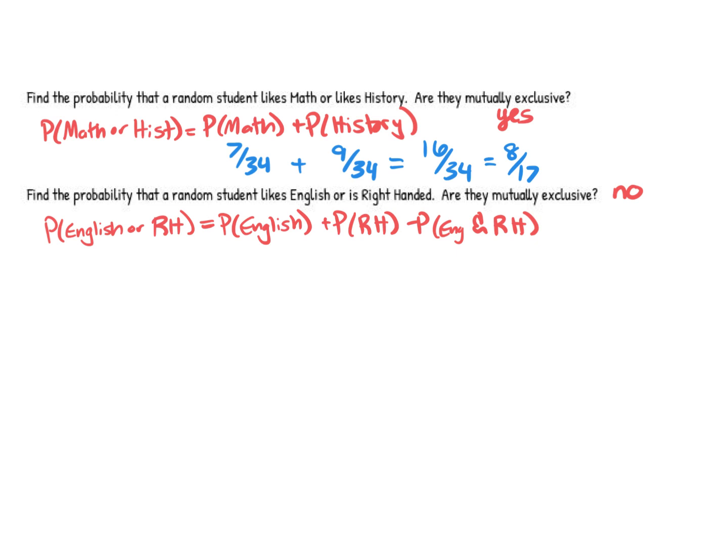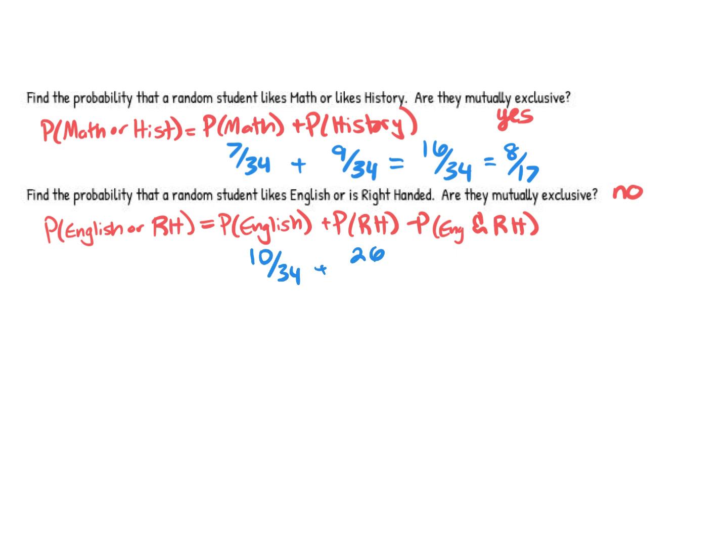Then if we look at find the probability that a random student likes English or is right-handed, are they mutually exclusive? No. In the survey, you can be right-handed and like English at the same time. So we have to subtract that overlap. It's the probability of English plus the probability of right-handed minus the probability of English and right-handed. If we look above, English was 10 out of 34.